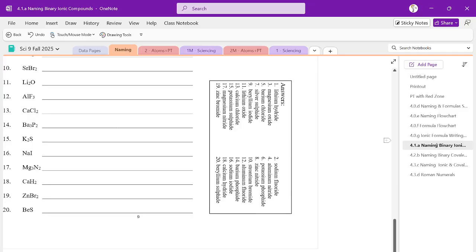If you are able to write quiz 1 today, that's great. If not, you can write it on Thursday. You don't have to do all of page 9. If you feel like you can just go write the quiz right now, you can, because it's a pretty easy one. But remember, these are all ionic. So do you need prefixes? No. Quiz number 1 is all ionic.